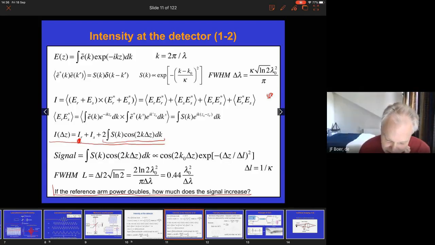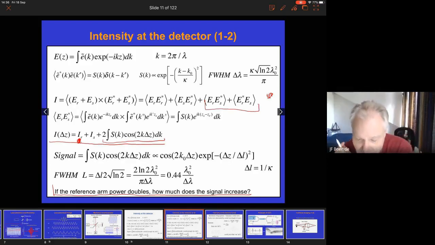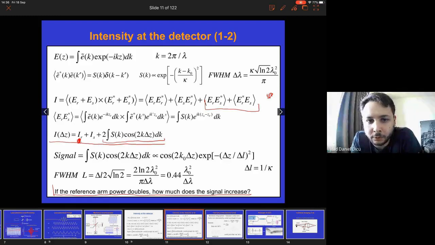So that interference term, it comes from this one here, right? Exactly, yes. And so if the intensity doubles for the reference arm, what does that mean for the E field in the reference arm? Intensity is formed from the E field multiplied by its conjugate. Yes.